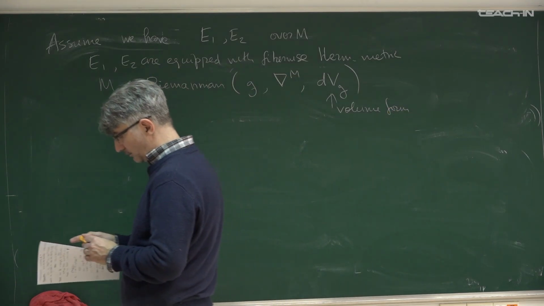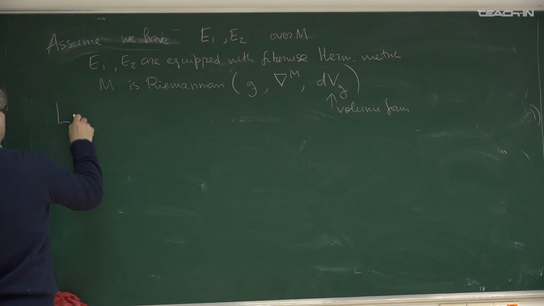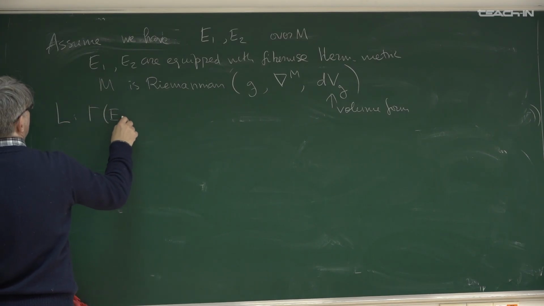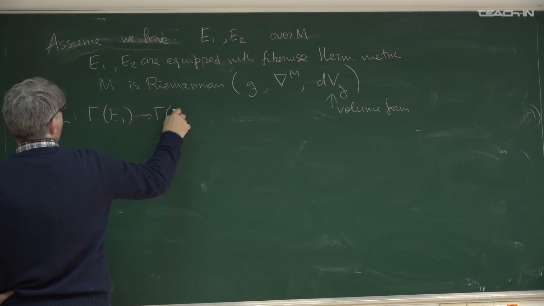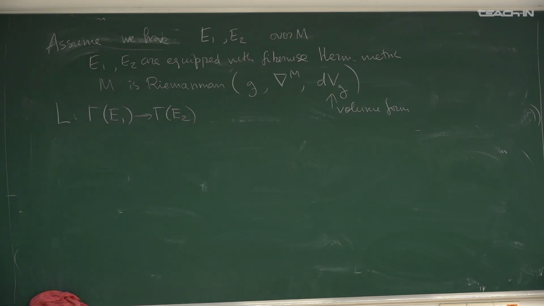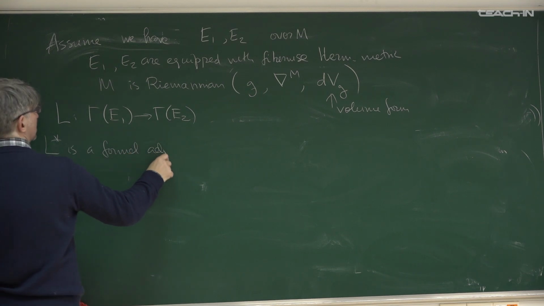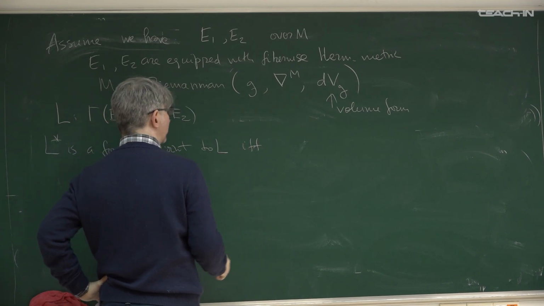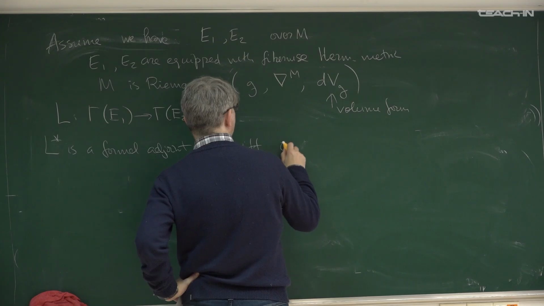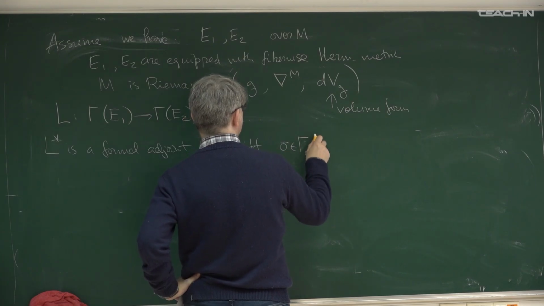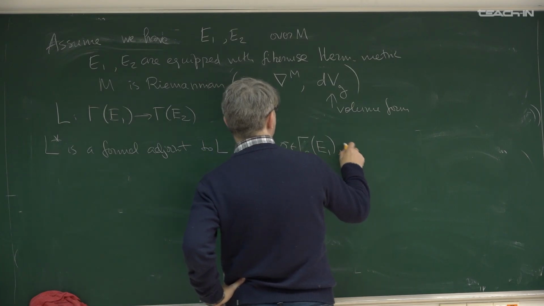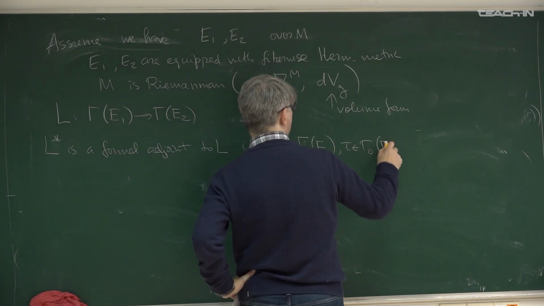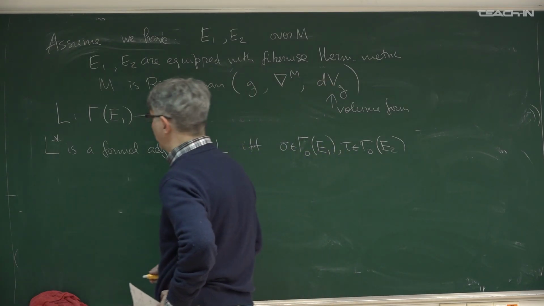Then we can consider an operator L from sections to sections. And now we say that L star is a formal adjoint to L if and only if for any sigma which belongs to sections of E1 and tau which belongs to sections of E2, we have the following formula.